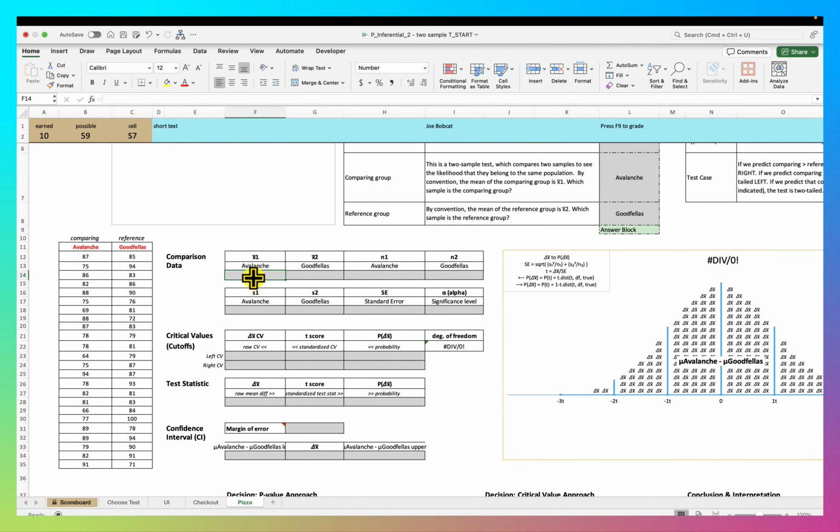Okay, so equals average Avalanche, equals average Goodfellas. If I could spell it, would help.